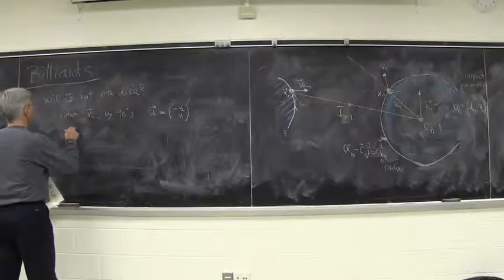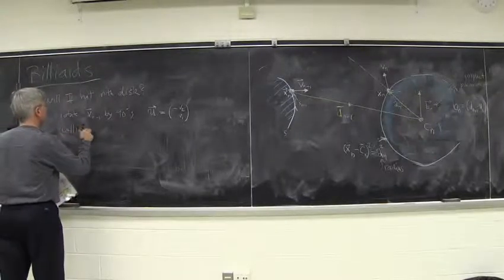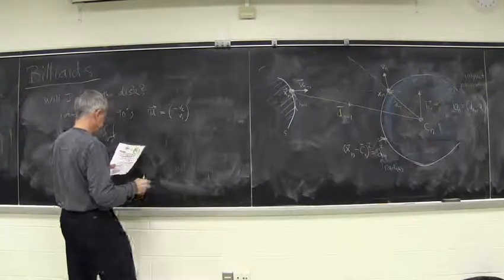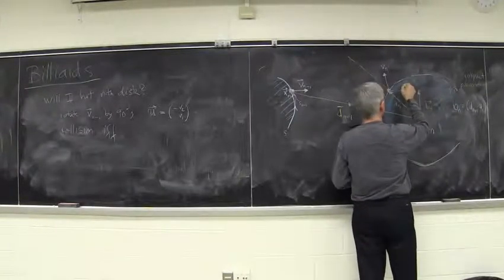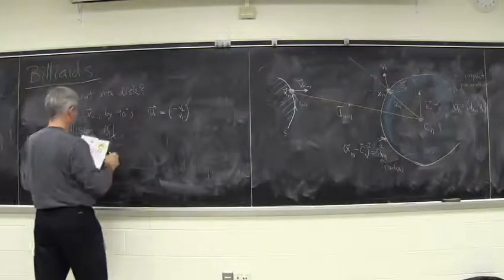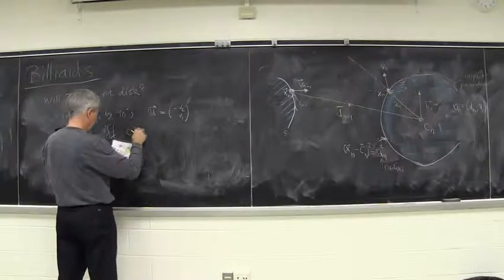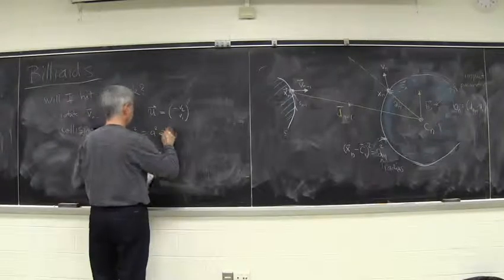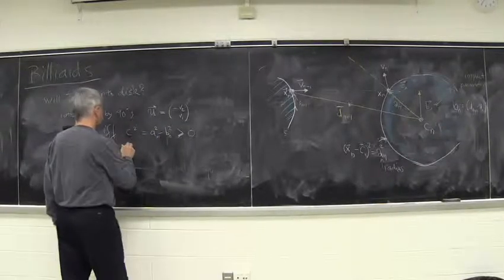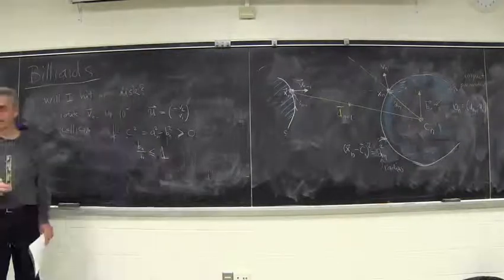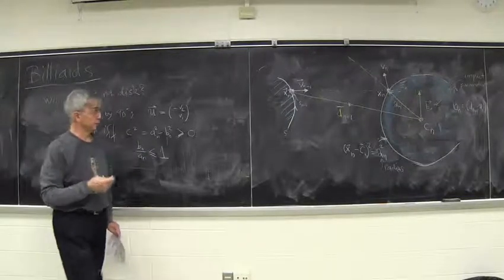So collision happens if, and this is a right angle, so I can define this thing here. Collision happens if c squared, which is the difference of the radius squared minus the parameter squared, or you require that b n over a n is smaller than or equal to 1. So when you write your program, what do you do?